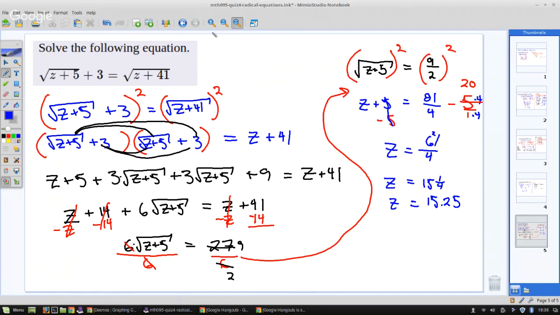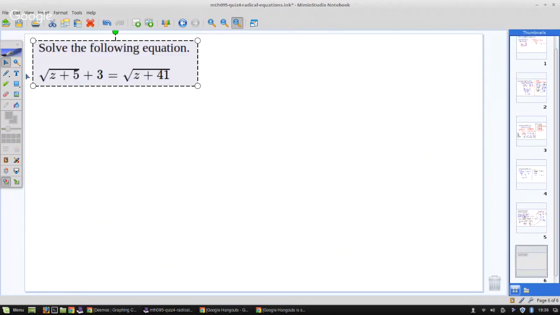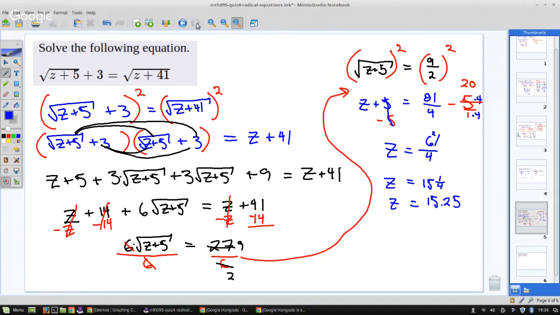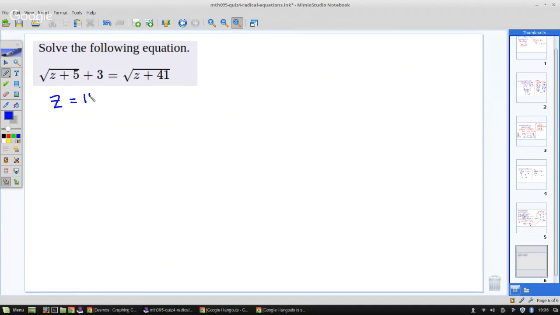Now we've got to check. So we're going to plug one of those versions in. Since 4 is the denominator, I'm going to go with the decimal version. It'll be easier. So copy this into the screen, and we are going to check to see if z equals, once again, 15.25 will work.